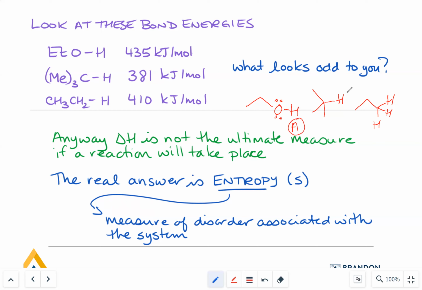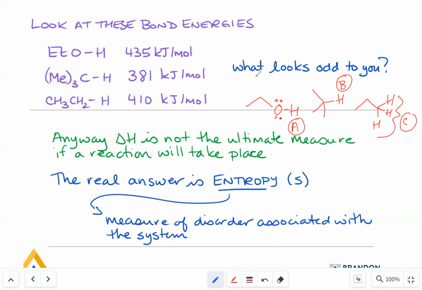A, B, or one of these 3, which are all identical, C. There's lots of people saying to me privately that it's A, right? Somebody said yes. So A is the most acidic, right?